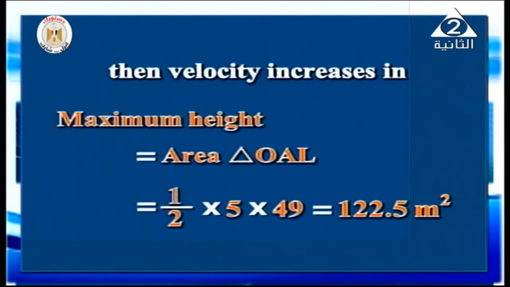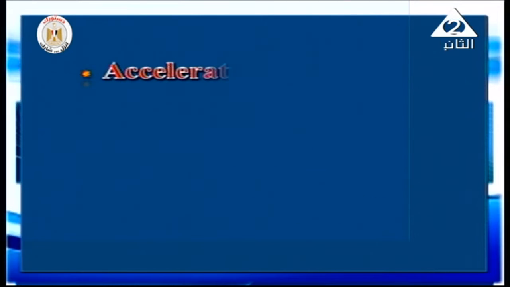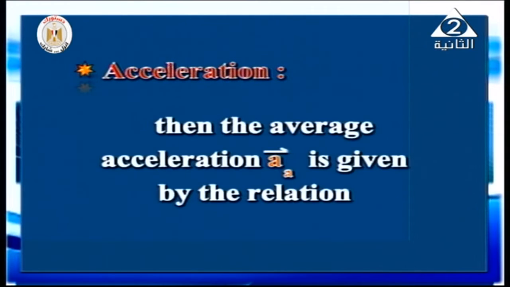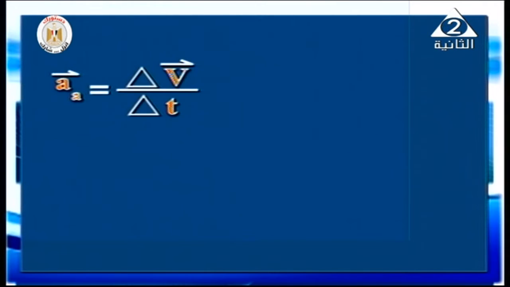Then acceleration, my dear student: dv expresses the change of the velocity vector during the time delta t. The average acceleration vector is given by a average equals delta v over delta t. What do we mean by delta v? The change of the velocity.